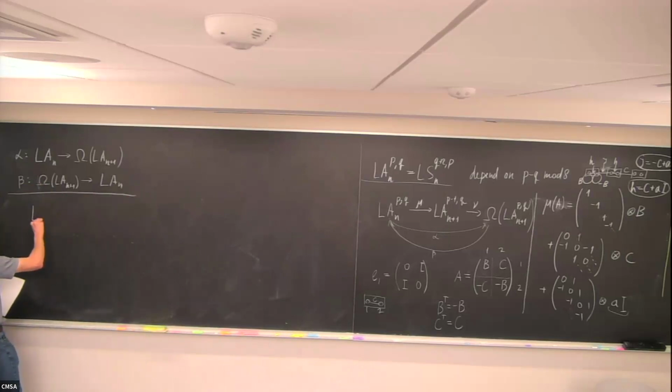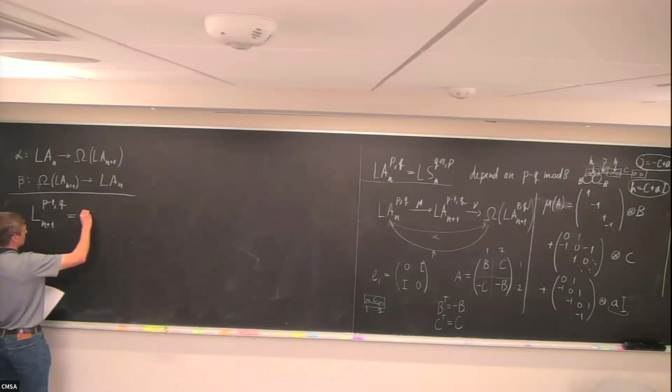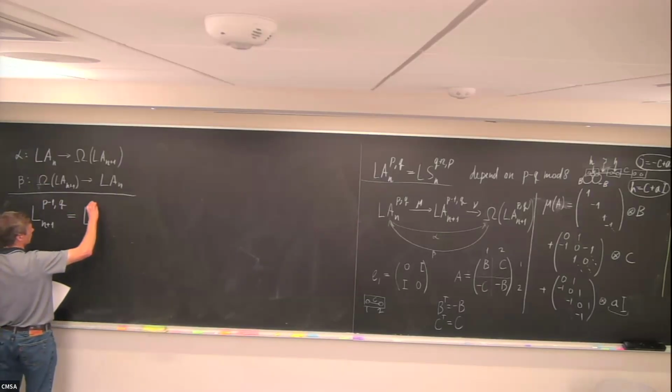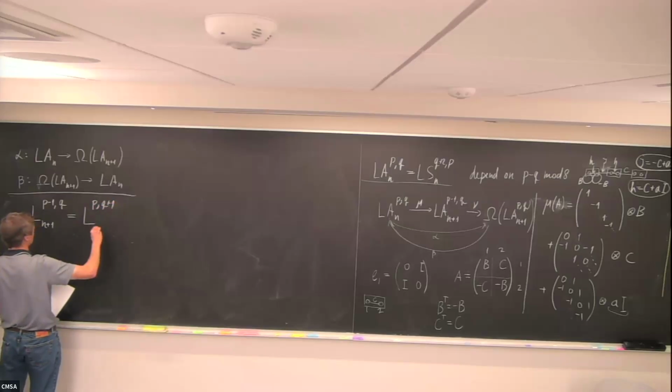We have L n plus 1 e minus 1 q. And this is the same as L T Q plus 1 n plus 1.